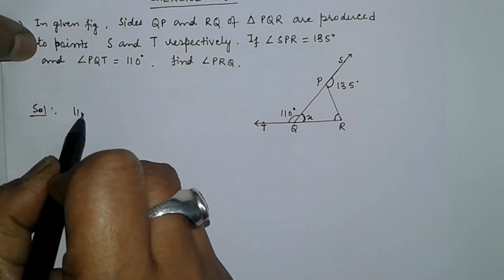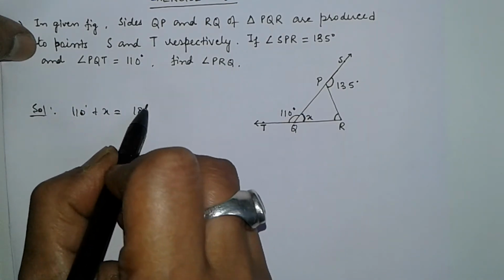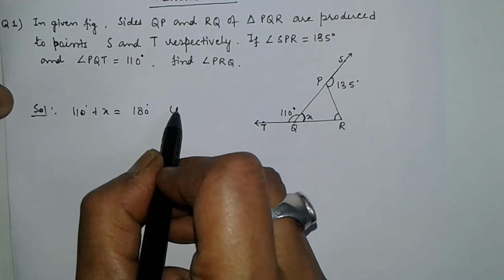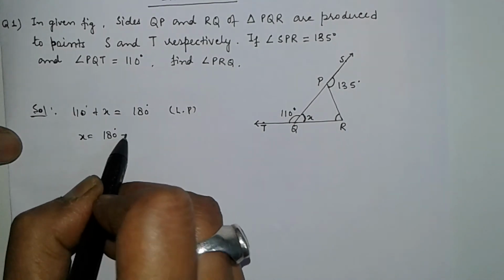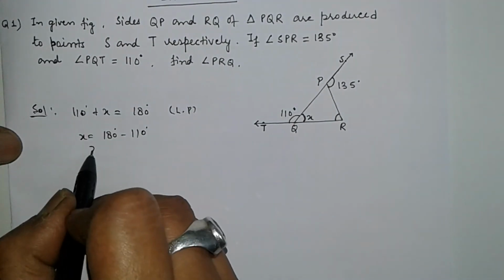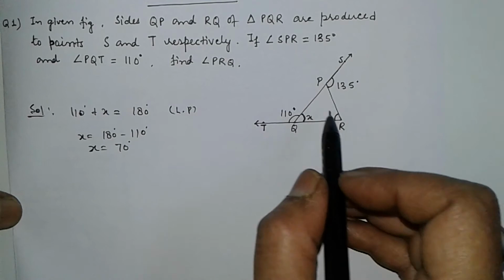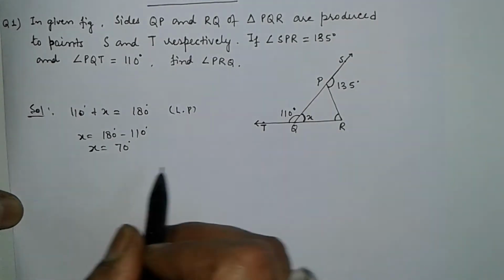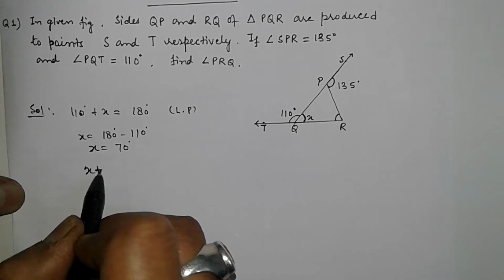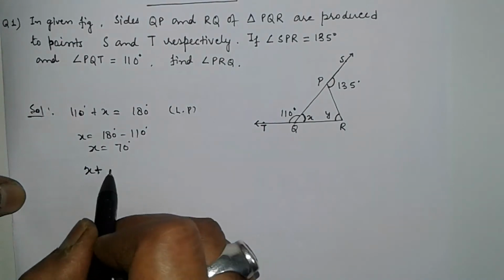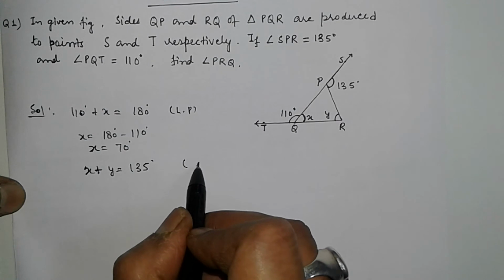Now 110 degrees plus X is equal to 180 degrees, linear pair. So X is equal to 180 degrees minus 110. So the value of X is equal to 70 degrees. Now 135 is the exterior angle. So we can say angle X plus, suppose this is Y, is equal to 135 degrees by the exterior angle property.